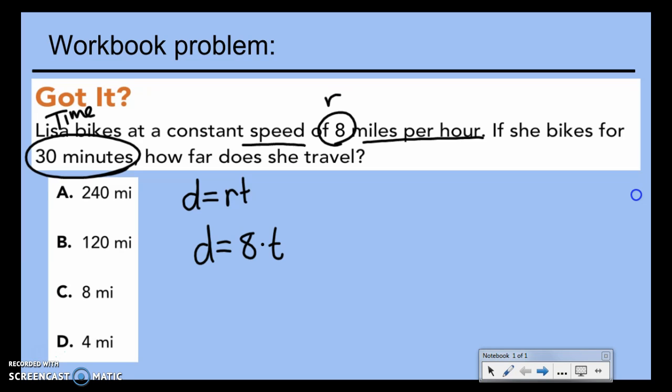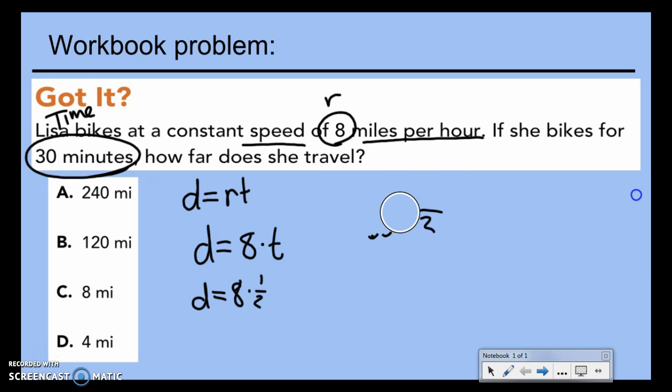We know that 60 minutes are in an hour. So we do 30 divided by 60. And if you were to divide that all out and have the simplest form, it'll be 1/2. We know that 30 is 1/2 of 60. So now we have D equals 8 times 1/2.